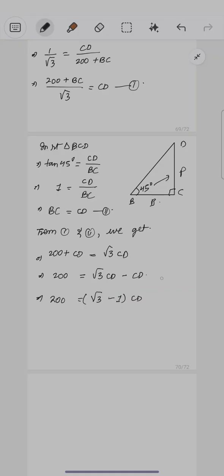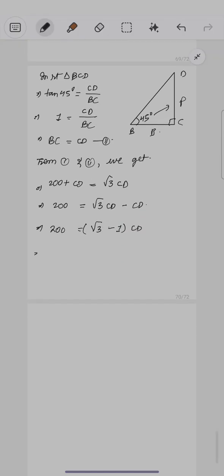CD common. So 200 equal to root 3, approximately 1.73, minus 1, times CD. So 200 equal to 0.73 CD.